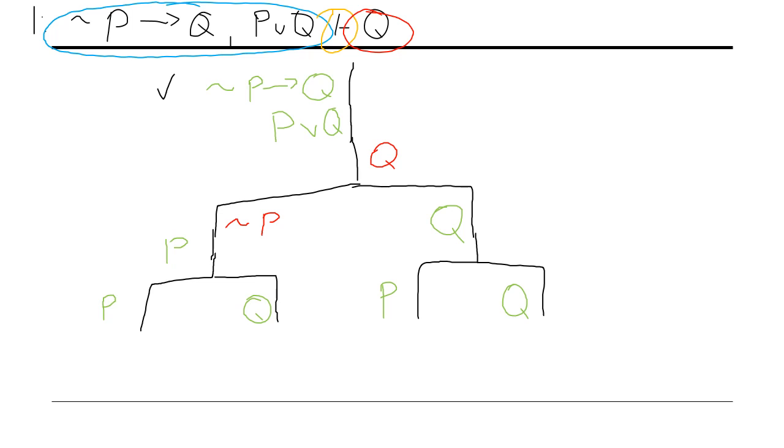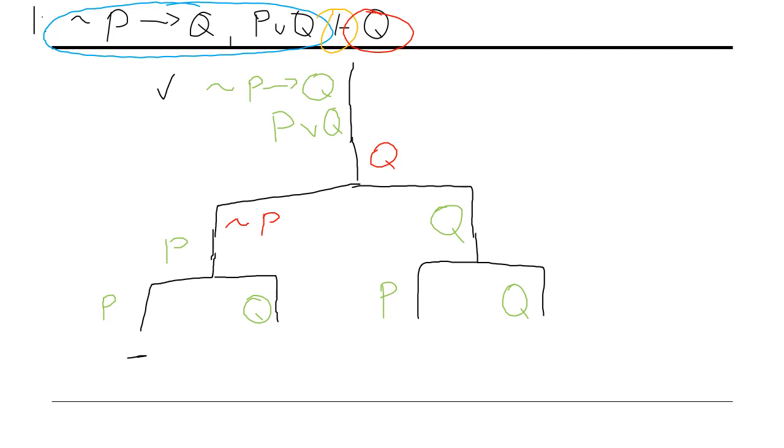A contradiction is when the same thing appears on both sides of the line, on the left side and on the right side, somewhere up the branch. So let's look at this branch right here, and we can see we've got a P on the left and a Q on the right.